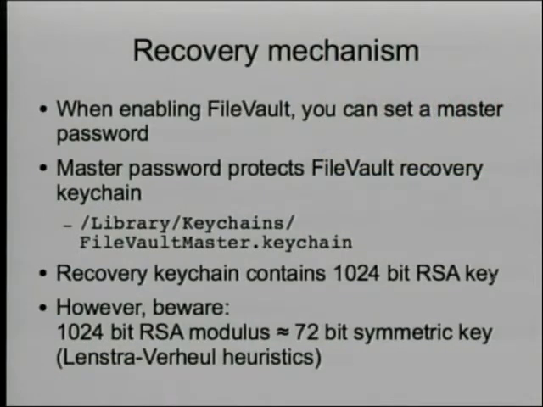When you enable FileVault, you basically have to set a master password. This master password, in turn, protects a keychain that is in your library keychains directory. And this recovery keychain, it's called, contains one certificate and one private key.